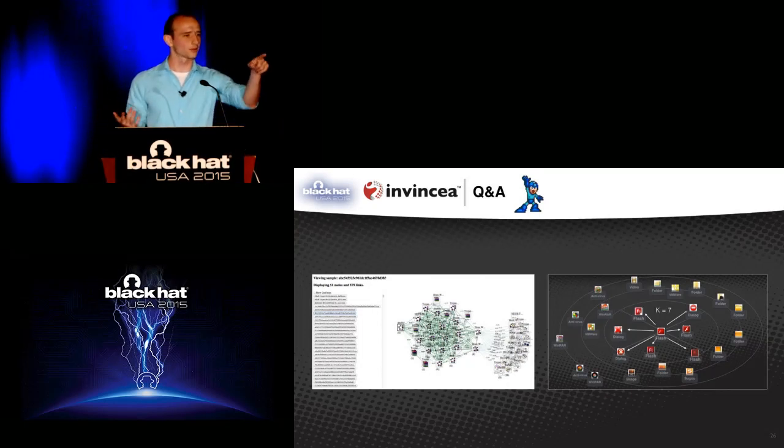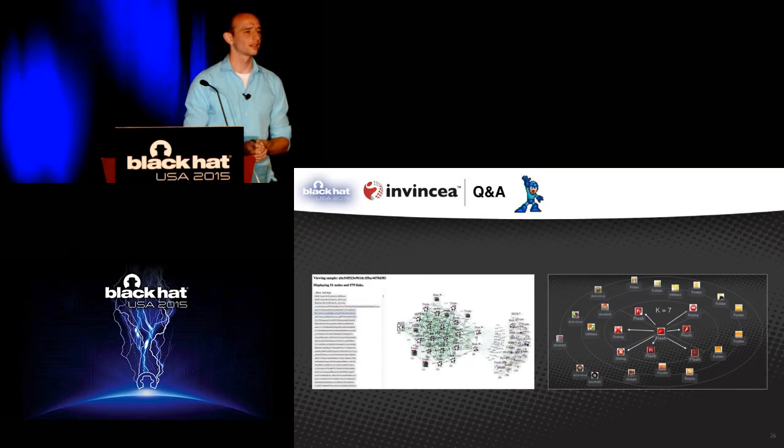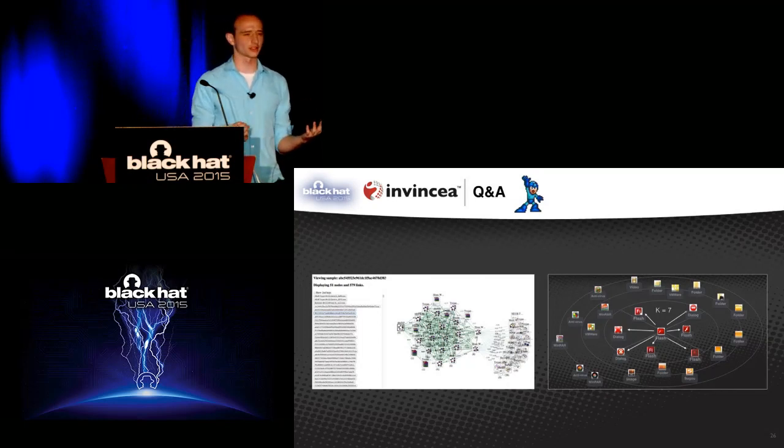When you're looking at how the sets of images overlap, do you take the rarity of that image into account in your metric? Sorry, I'm not repeating the questions.